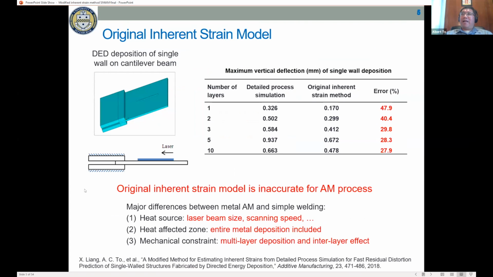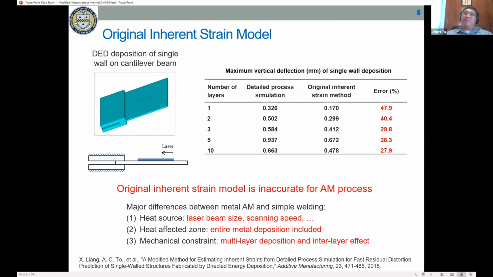And then we were trying to apply this method to predict the laser-based DED process, by simulating the laser DED by depositing different numbers of layers. This is of course doing detailed process simulation by following the laser heat source, the moving point heat source that's simulated by the Goldak model.